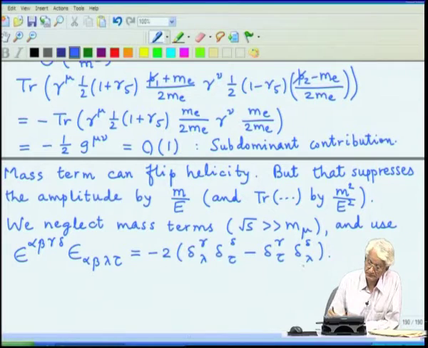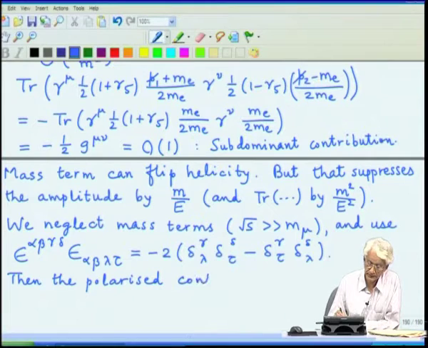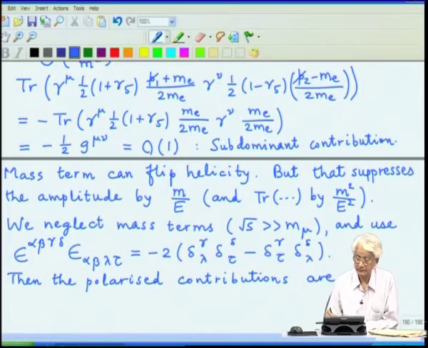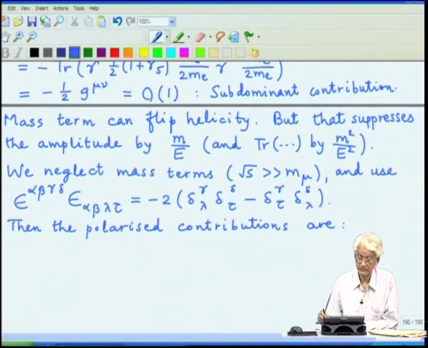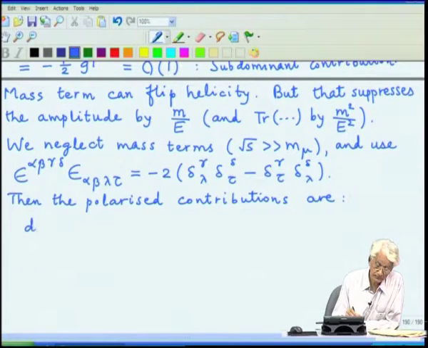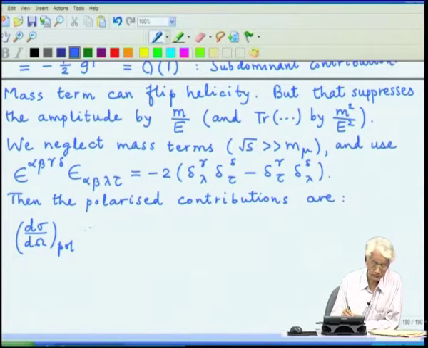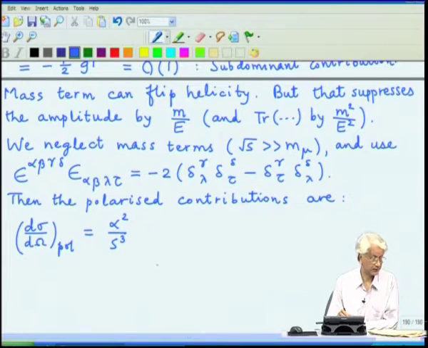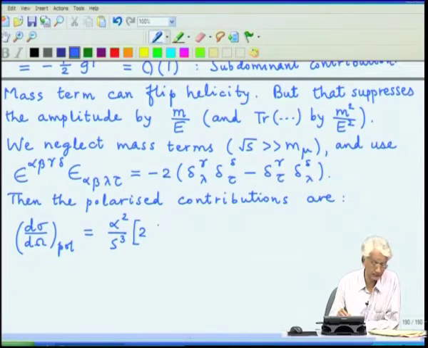So, that gives the polarized contributions to the cross section: first just the phase space factors explicitly, and then the contraction terms one by one.